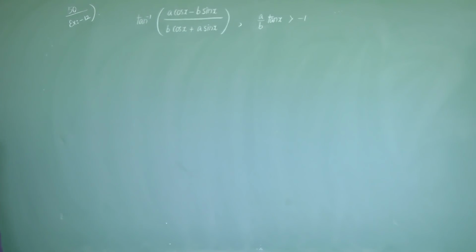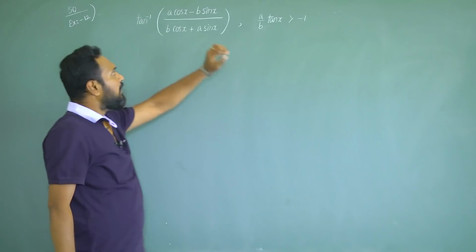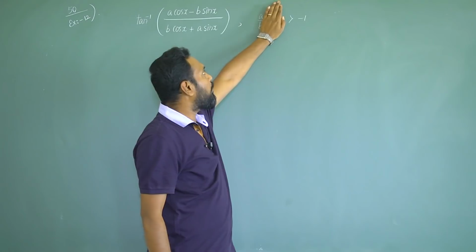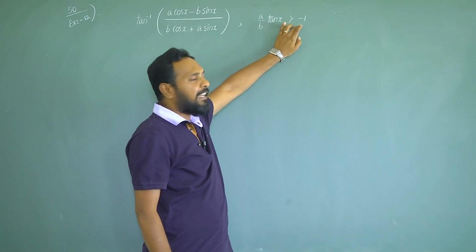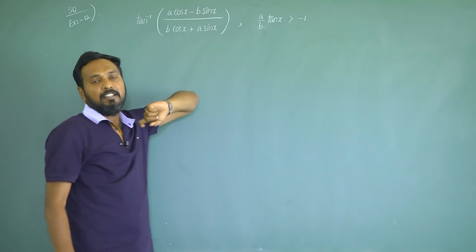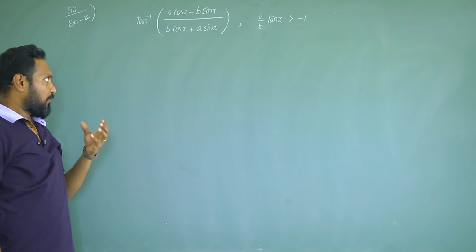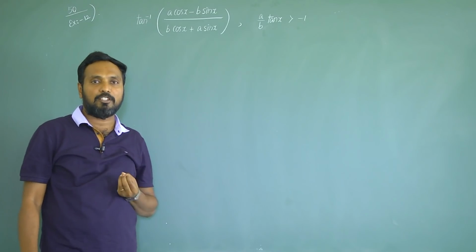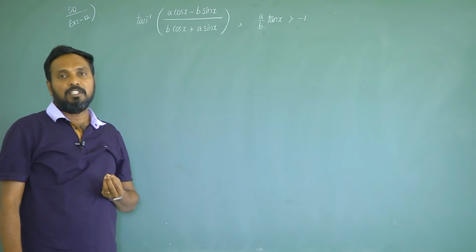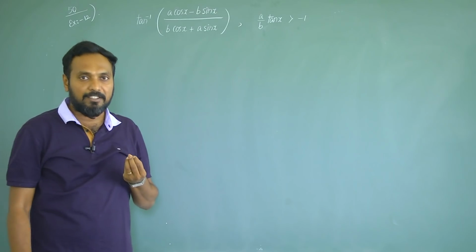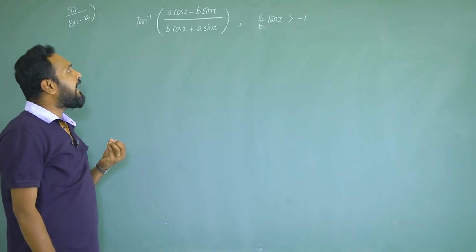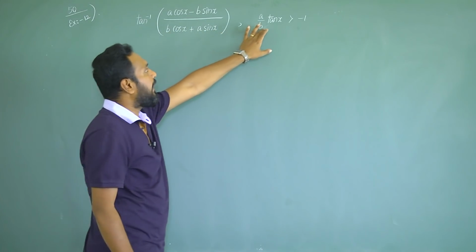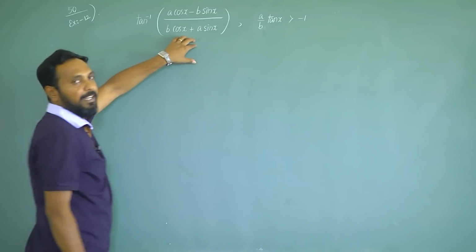If you observe the condition here, one term a/b and one term tan x, so it is of the form x into y greater than minus 1. Then the second property is tan inverse x minus tan inverse y equals tan inverse of (x minus y) by (1 plus xy). So I need to convert this function in terms of a/b and tan x in the denominator.